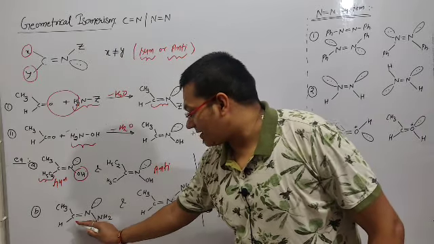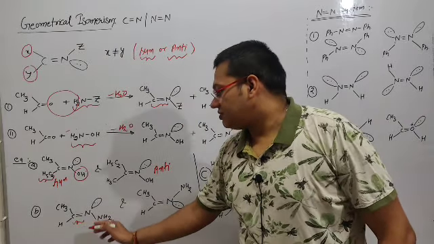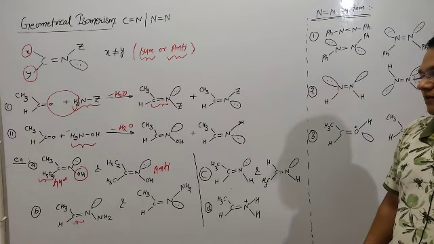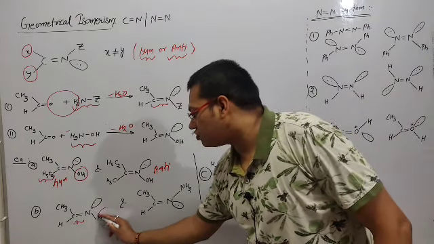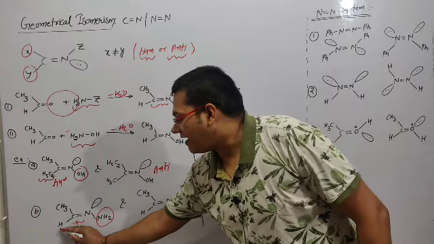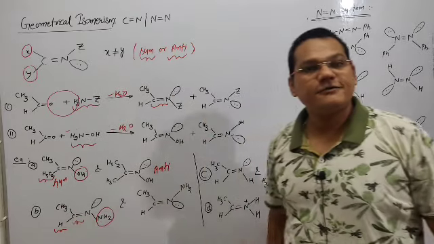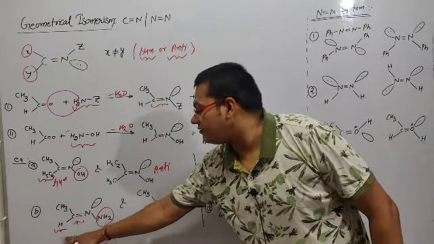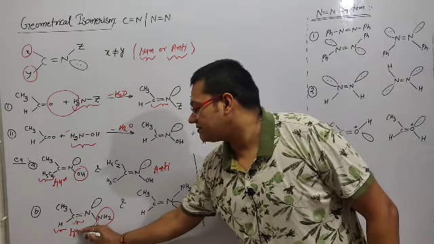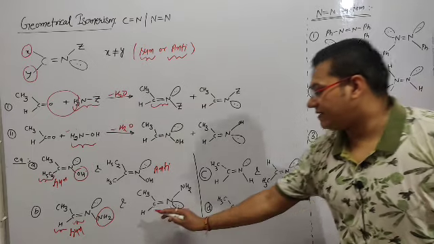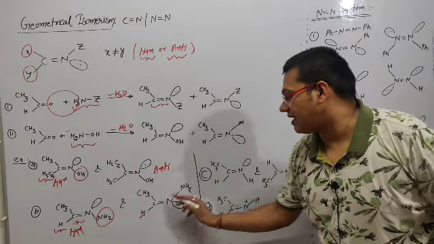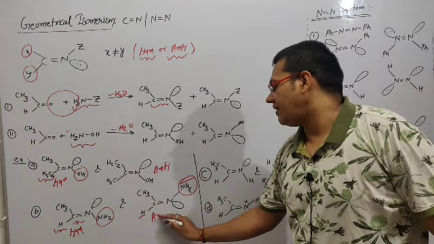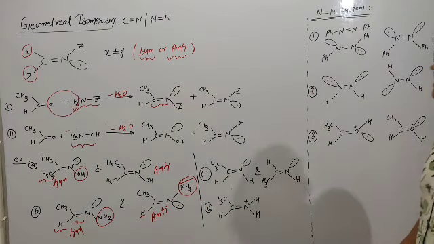So with respect to here, is this a syn system or an anti system? With respect to the NH2 group, you identify that the H group is on the same side. So with respect to hydrogen, this is a syn system, and with respect to this hydrogen, which is in the anti position of this group, this is called anti.